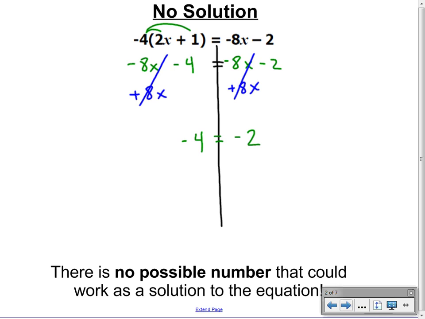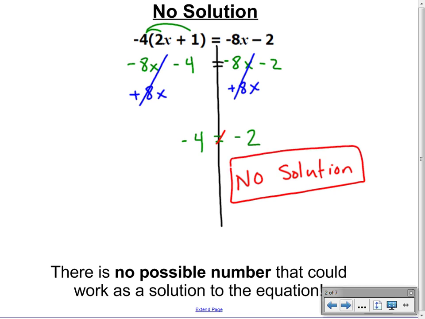Well, in this situation, we don't even have a variable anymore because it canceled out. We're left with this equation -4 equals -2. Now, we know this isn't true. -4 is not equal to -2. So what this means is we have a special case where there is no solution to the given equation. There's no number that I can plug in for x that's going to make this equation true.